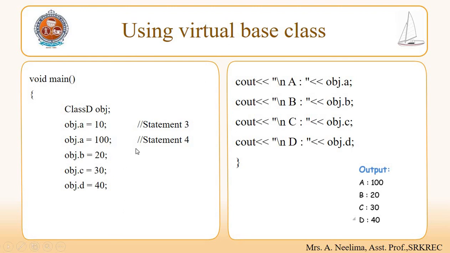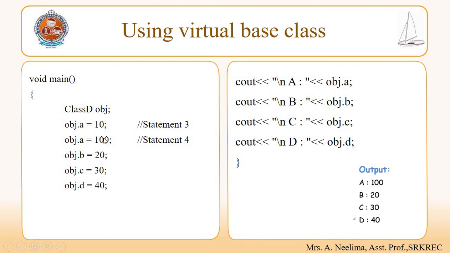By using this, class D has only one copy of A. Therefore, statement 4 will override the value of A given at statement 2. When the statement a = 10 executes, first it initializes the value to 10. After executing statement 4, obj.a = 100, this will override the value of the previous statement. So now 10 will become 100.